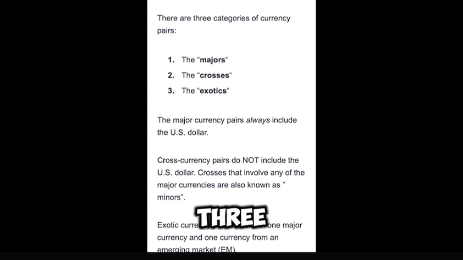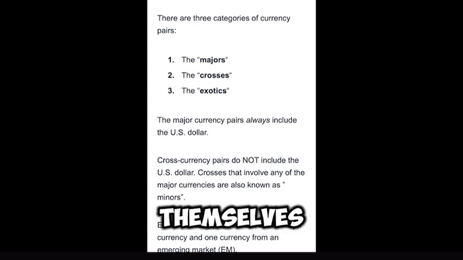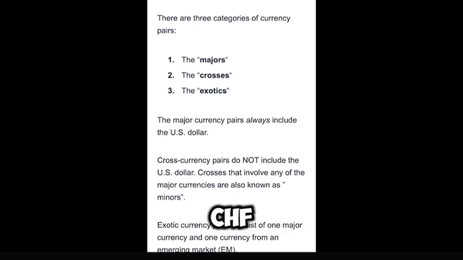So we have three major currency pair categories. We have major currencies, which is the dollar, the ones that we just called, the Australian dollar, the Japanese yen. We have cross currencies. These are smaller currencies, or currencies that just exchange amongst themselves, like the US dollar against the CHF.